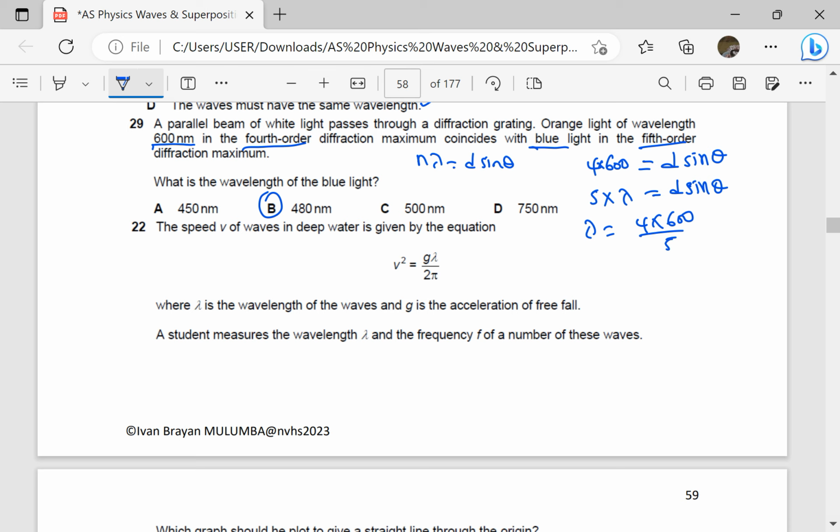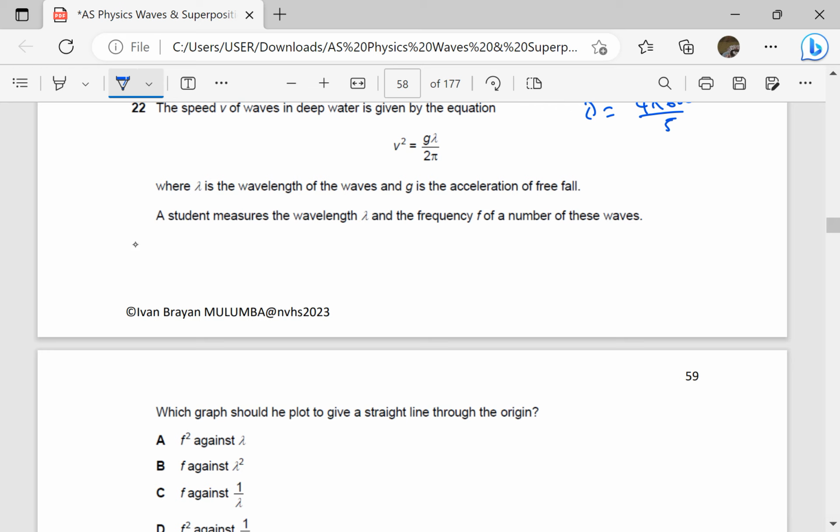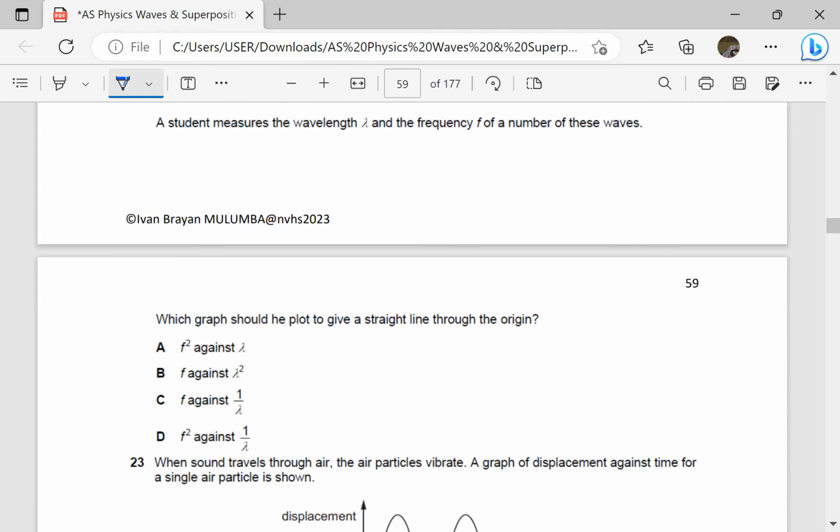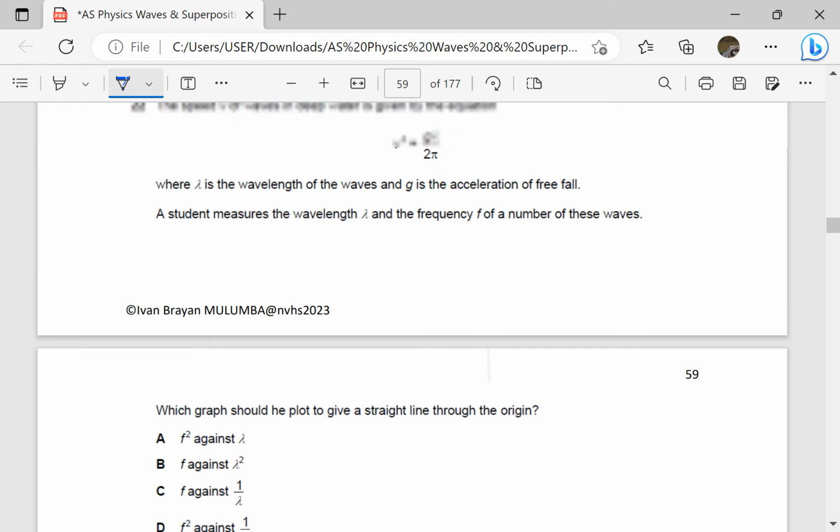The speed v of waves in deep water is given by this equation, where lambda is the wavelength of the waves and g is the acceleration of free fall. The student measures the wavelength and the frequency f of a number of these waves. Which graph should he plot to give a straight line through the origin?